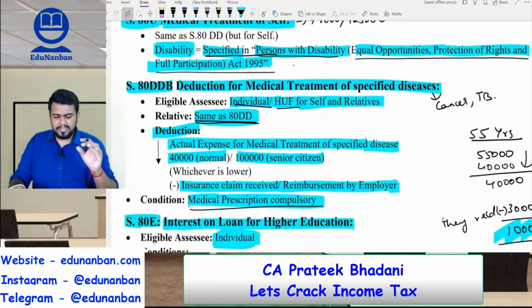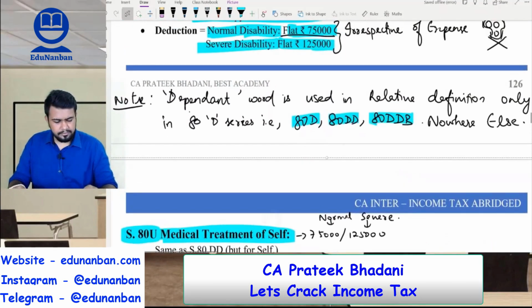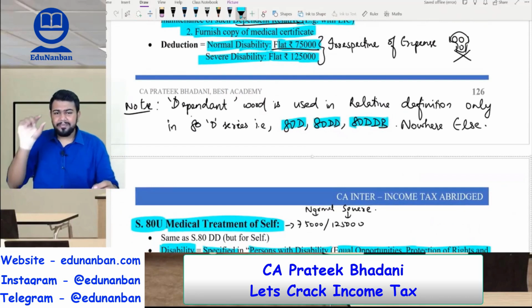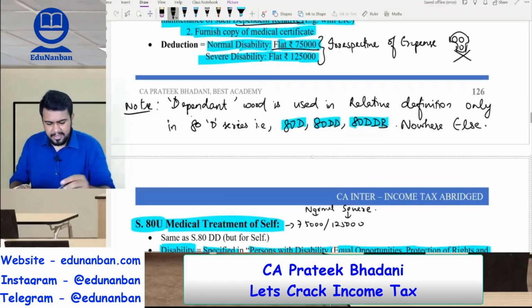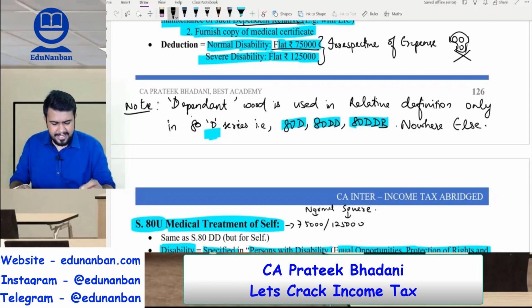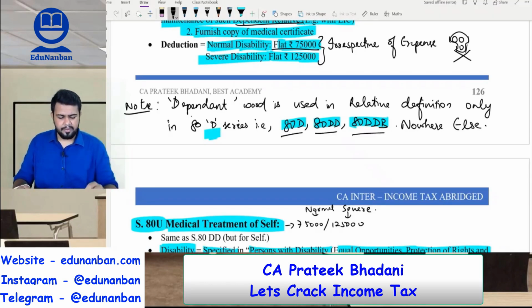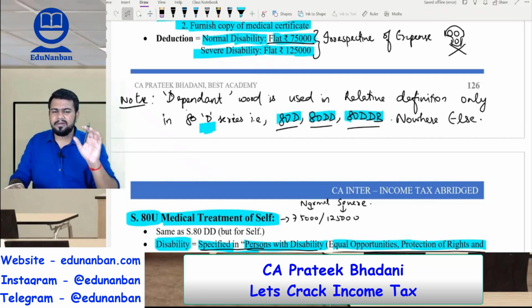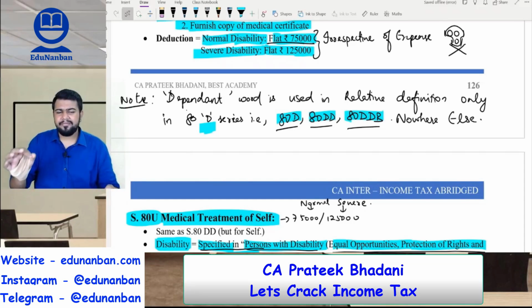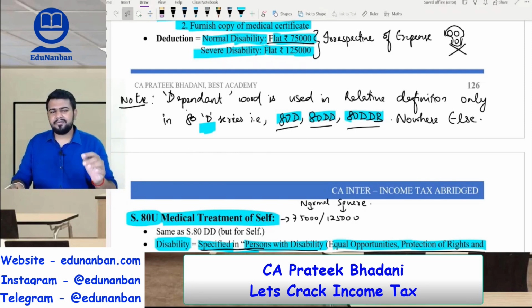Now let me tell you one special point. The word dependent is used only in the relative definition in the section 80D series, that is 80D, 80DD and 80DDB. In all the other sections, if there is a relative definition, you will not find the word dependent in it. For example, in life insurance policy, what is the relative definition?